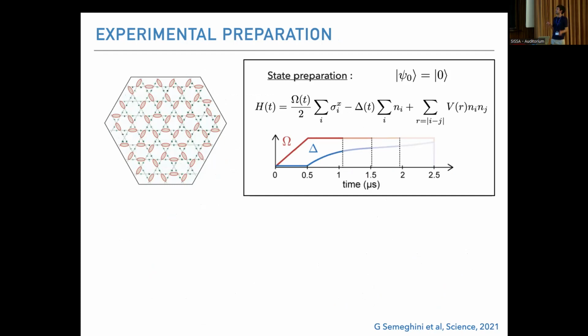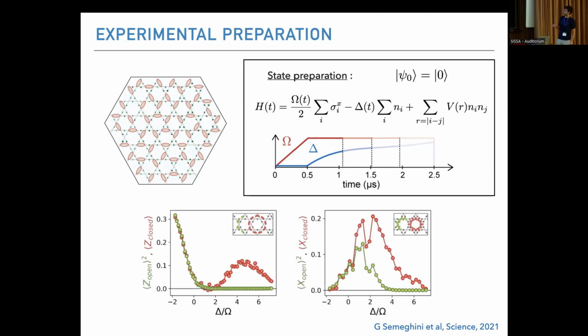In this case, the starting state is the state where all the atoms are in their ground state, which is what I called 0. And then they switch on the couplings in this Hamiltonian, and they tune them to the regime where they know there is a topologically ordered phase.